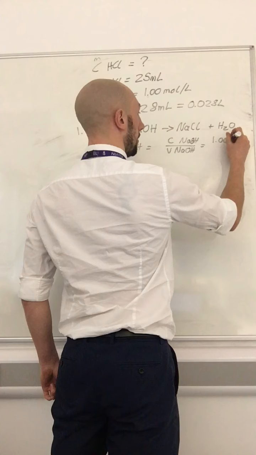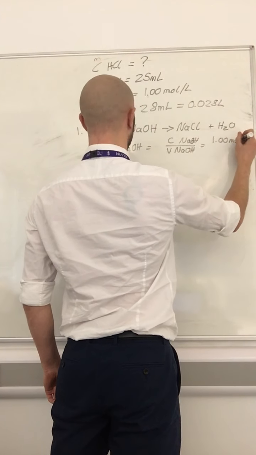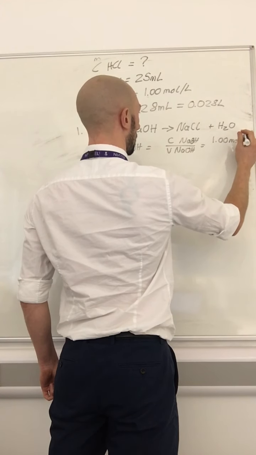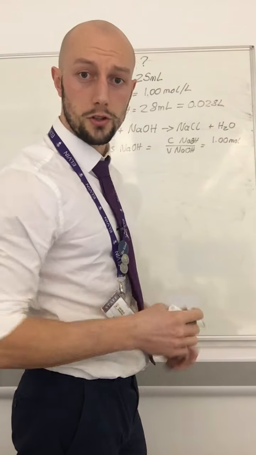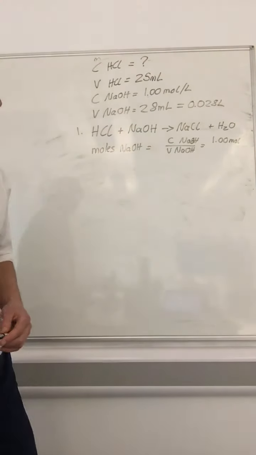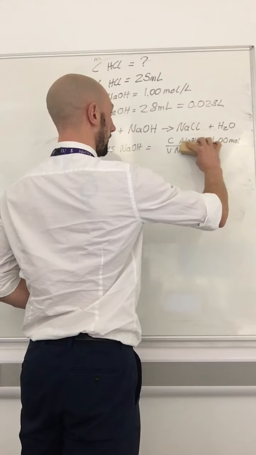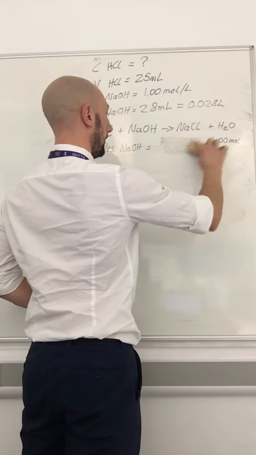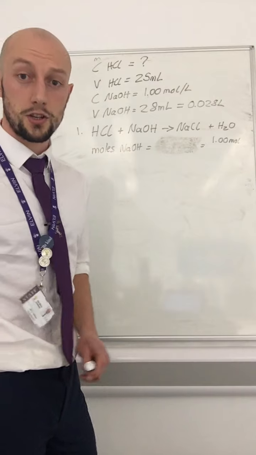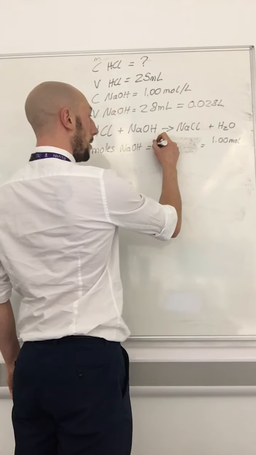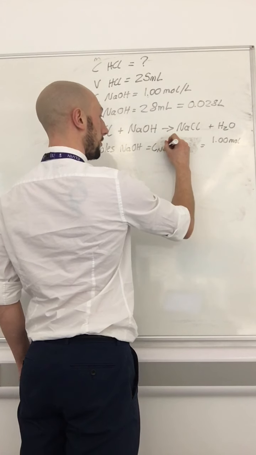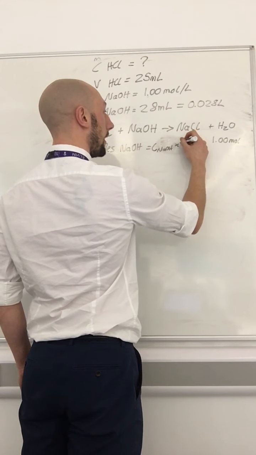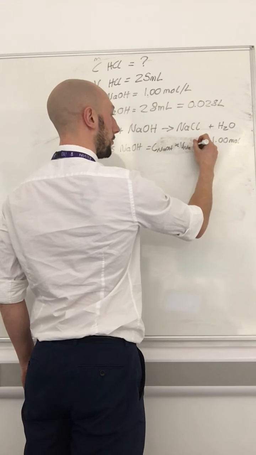1 mole per litre, concentration times volume. Here we go. When your units don't make sense, you know you've got something wrong. This should say moles of sodium hydroxide is concentration of sodium hydroxide times by volume of sodium hydroxide.